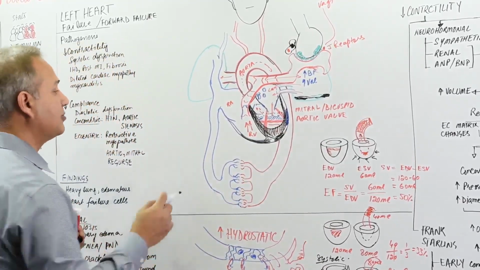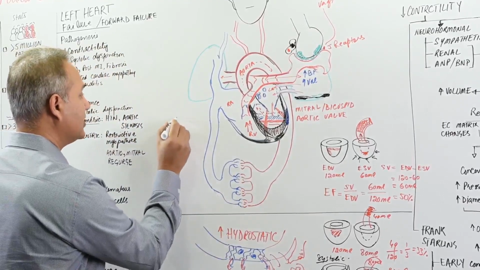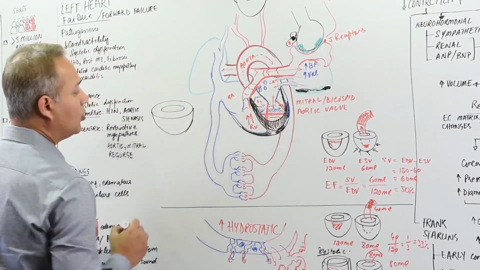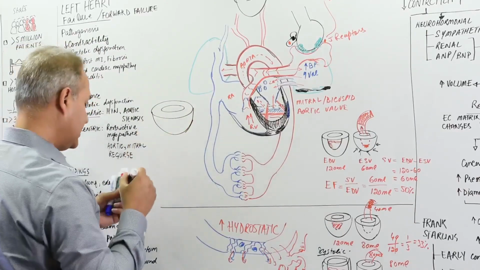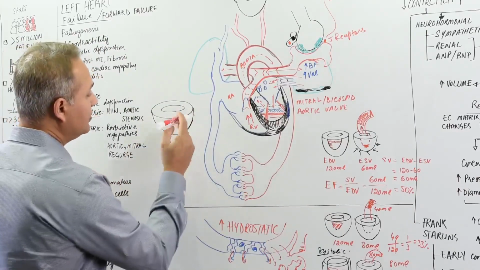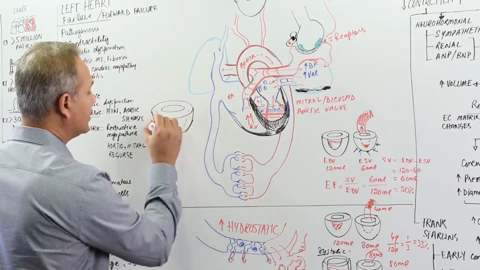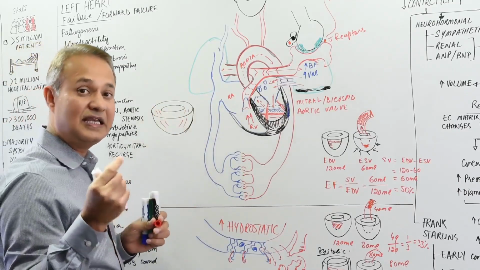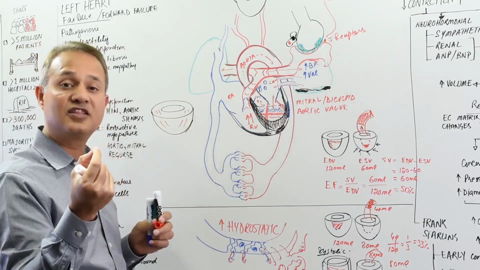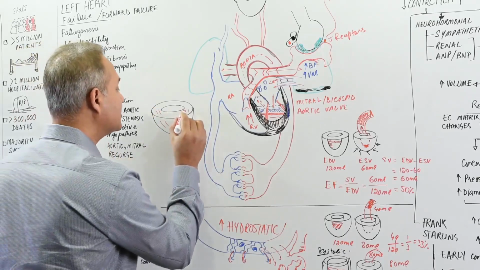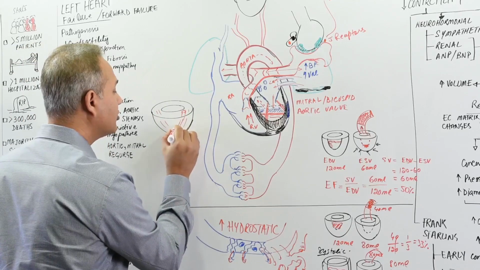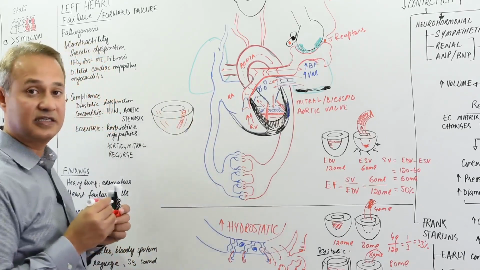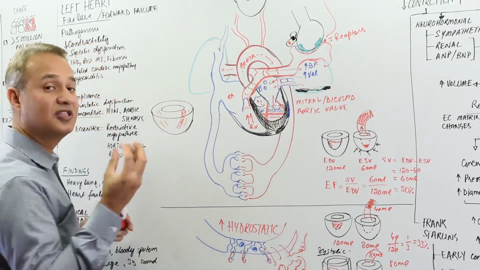What does concentric hypertrophy mean? If this was a normal ventricle, the cardiac myocytes, a few cardiac myocytes, increase in diameter, they become thick. So the number of sarcomeres is fine, but the diameter of the myocytes increases and the heart becomes thick.